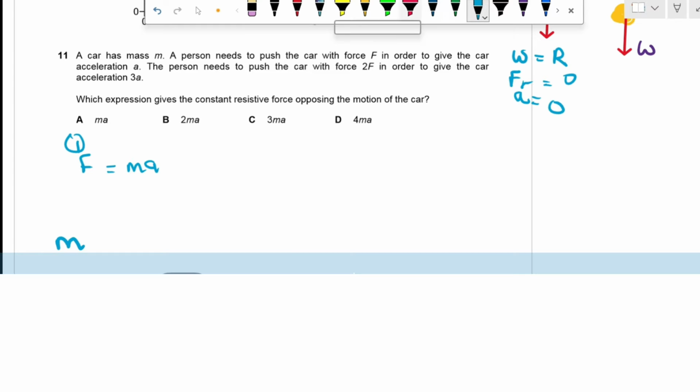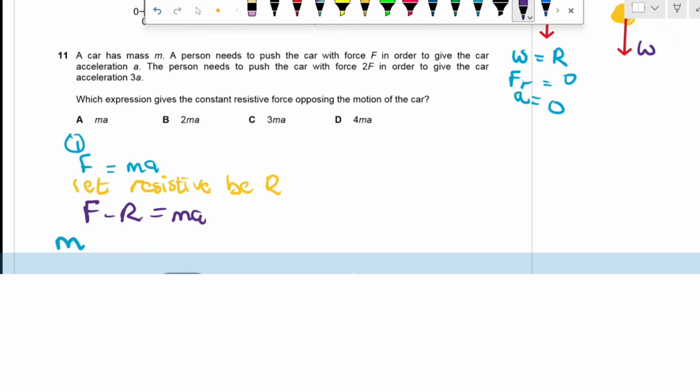Okay, so I'm going to try something fun here. I'm going to let the resistive force be R. So if a person exerts a force F, it's just going to be F minus R, equal to the mass times the acceleration.